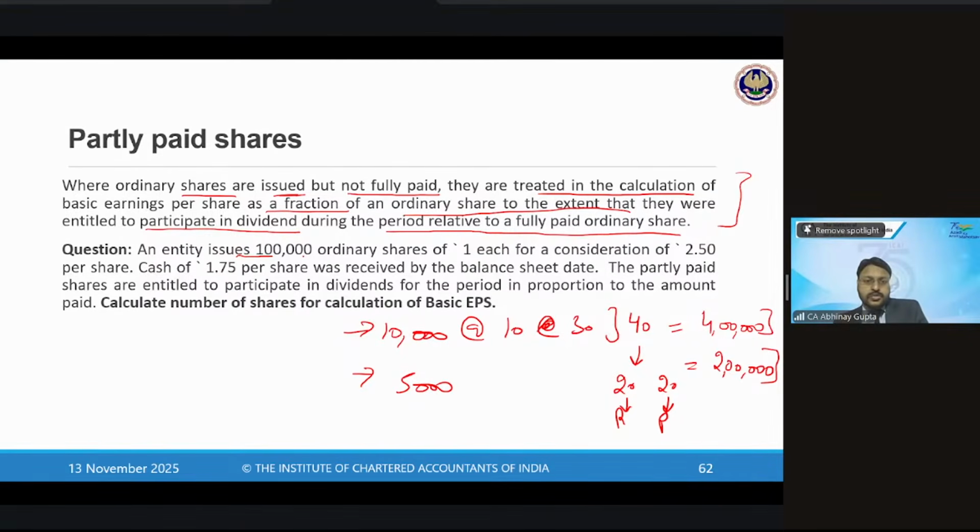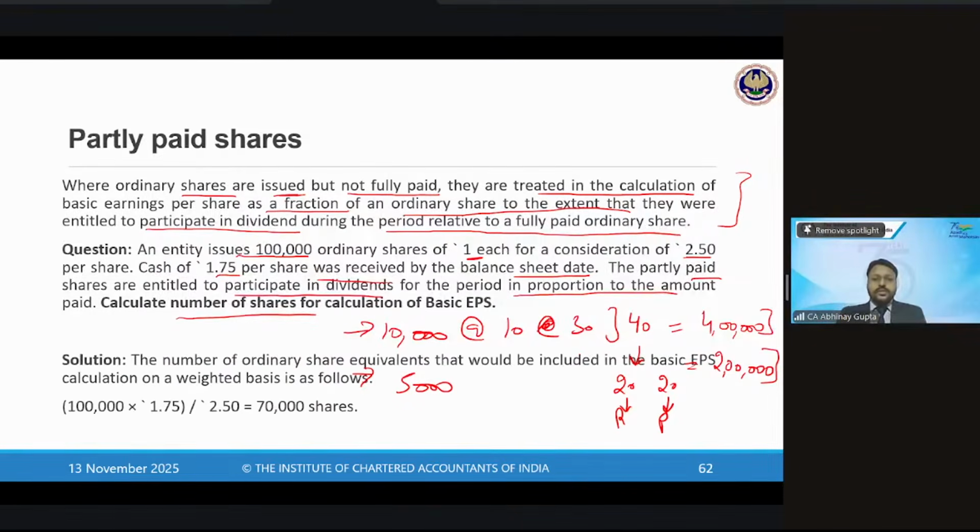An entity issues 1 lakh ordinary shares of rupees 1 each for a consideration of rupees 2.5 per share, and 1.75 out of the 2.5 per share was received by the balance sheet date. The partly paid shares are entitled to participate in dividends for the period in proportion to the amount paid. Calculate the number of shares for the calculation of basic earning per share.